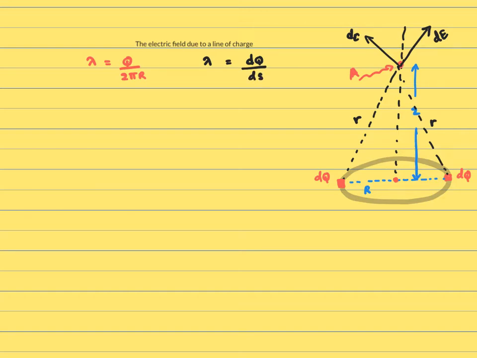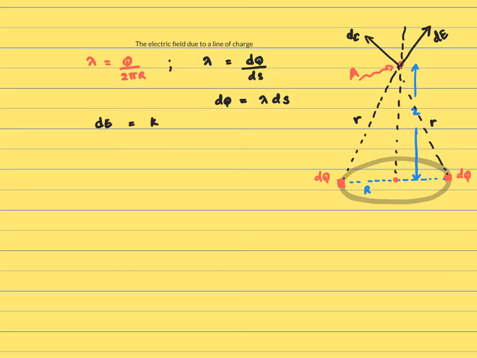It has basically the same meaning. So if you rearrange this to fit our equations, you can say dq equals lambda times ds.